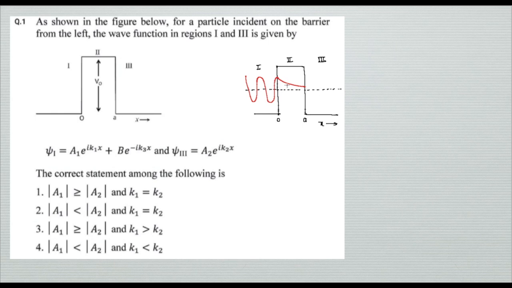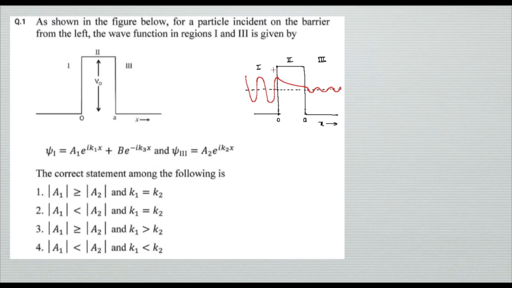Exponential decay happens here, and the wave which you will experience in region number 3 will have a particular amplitude which will be much smaller than that of your first region. So this is what happens in quantum tunneling. Your particle propagating in the first region, after getting refracted through a potential barrier, undergoes exponential decay, and then the amplitude decreases.